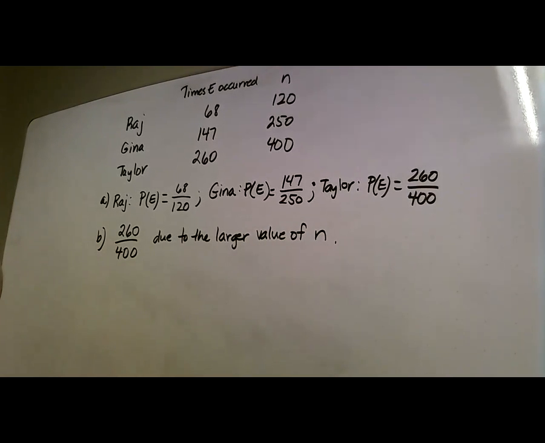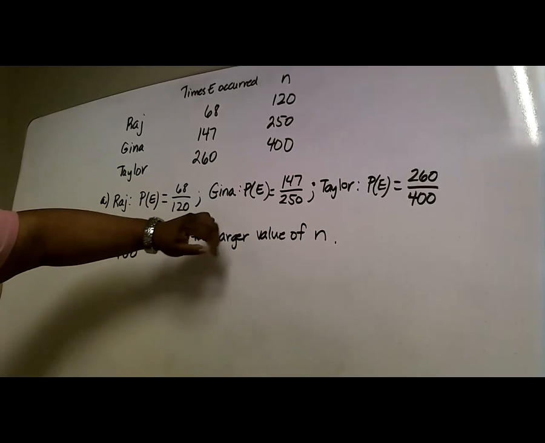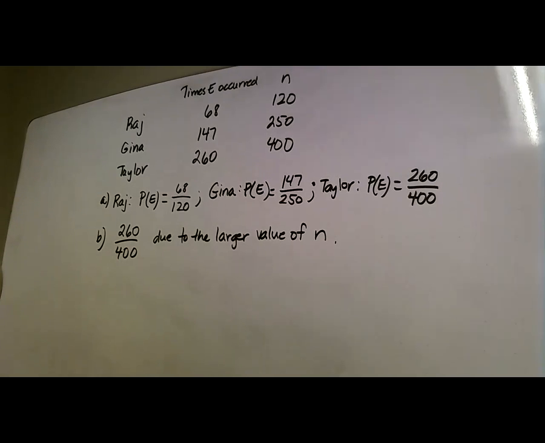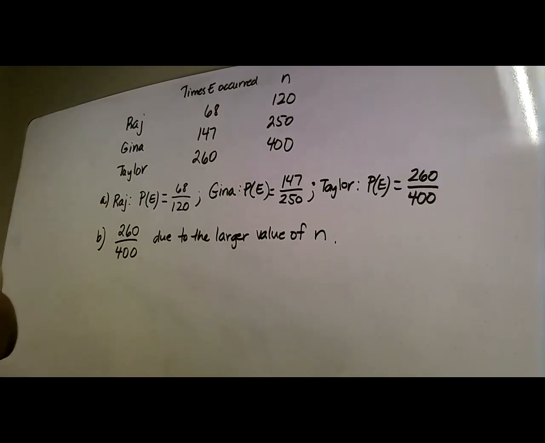All the percentages are over 50%, but if you look at your n, that 400 would be better. So the probability 260 over 400 would be a better estimate for the probability of event E.